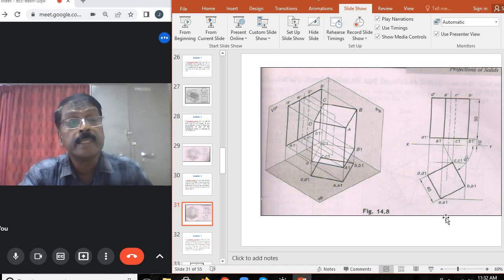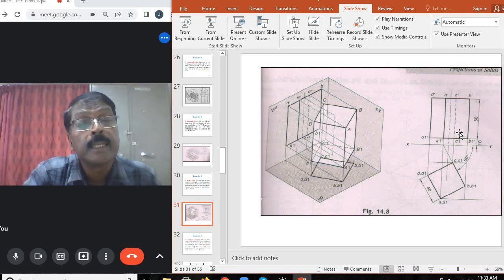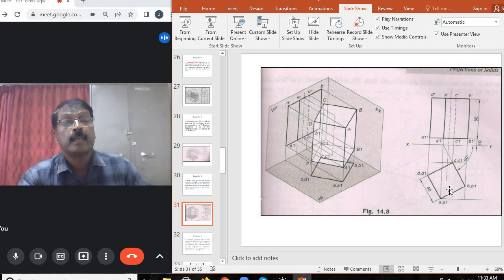And when viewed from the front, C1 is hidden or invisible, so the projection line is drawn as a hidden line. So C1 dash is a hidden line. Then by projecting the center of the top view, you can draw the axis in the front view also. Now the front view and the top view of the given square prism are complete.